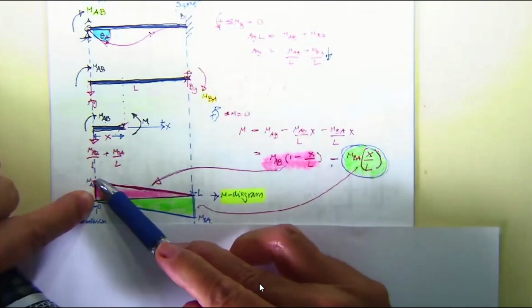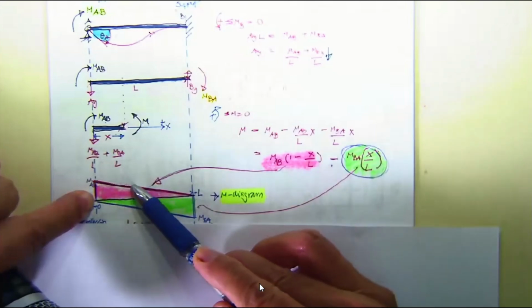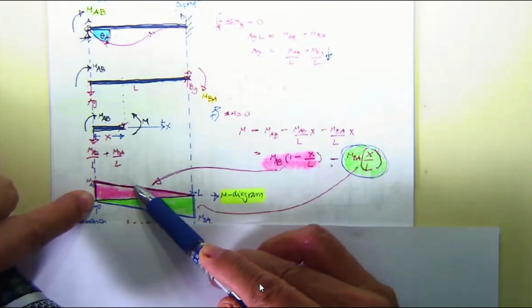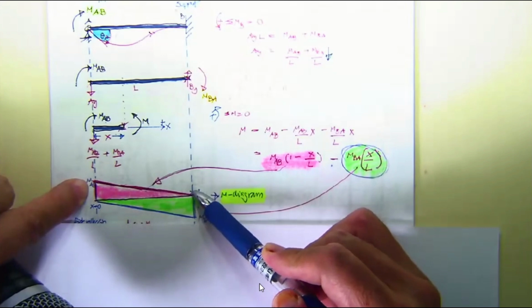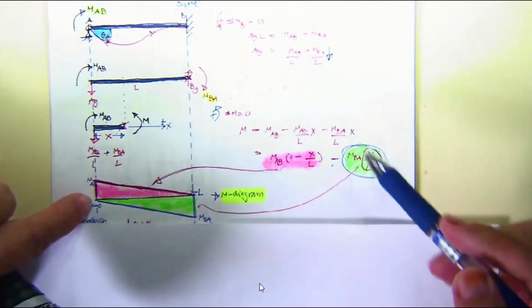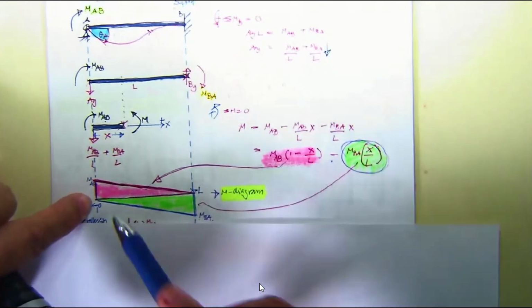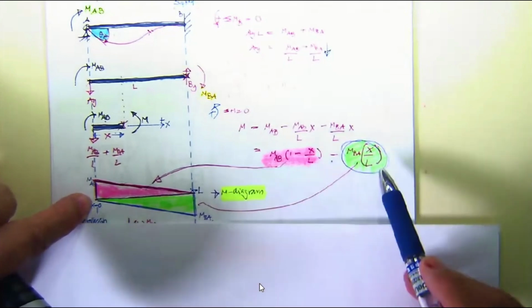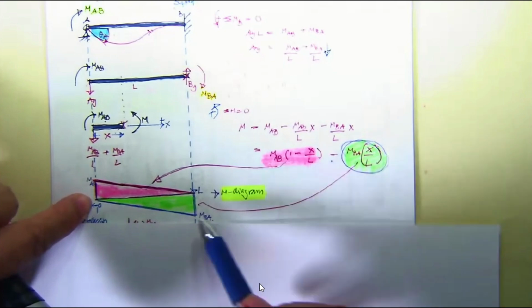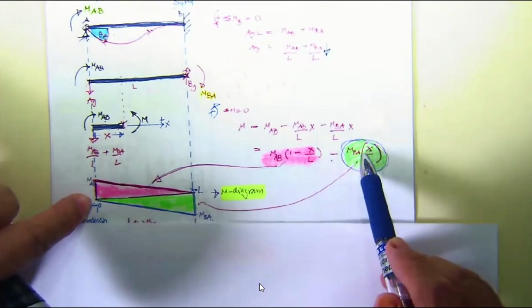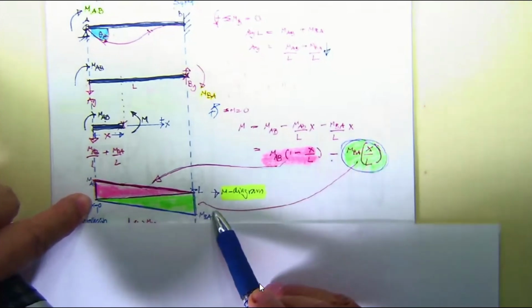So the pink will be a linear line reducing from M sub AB to 0. For the second term, the green, we start with 0, and when X is L, this is going to be M sub BA.